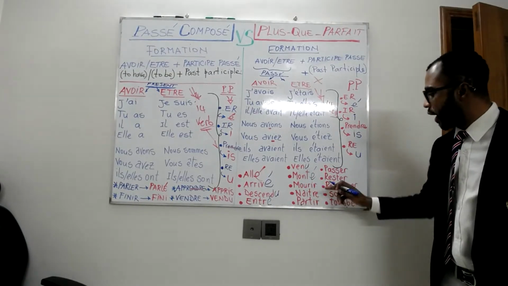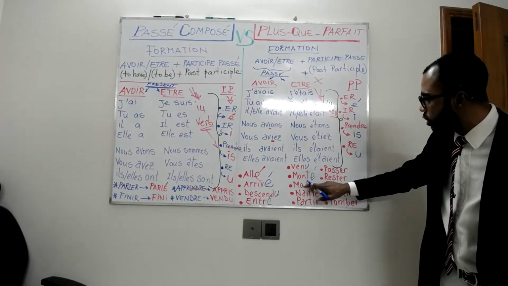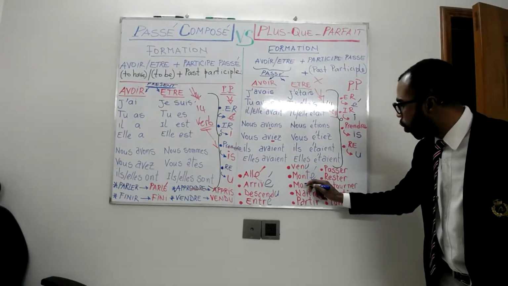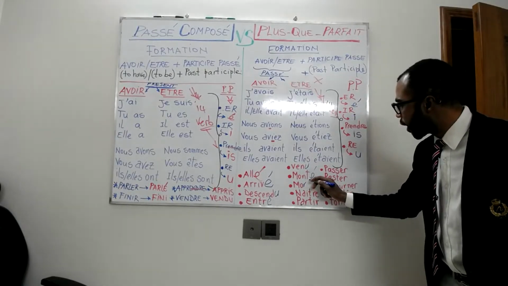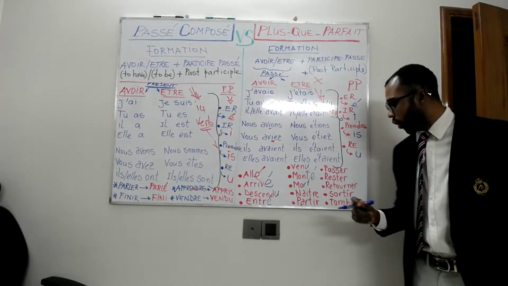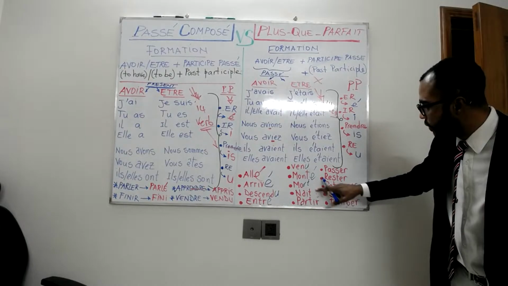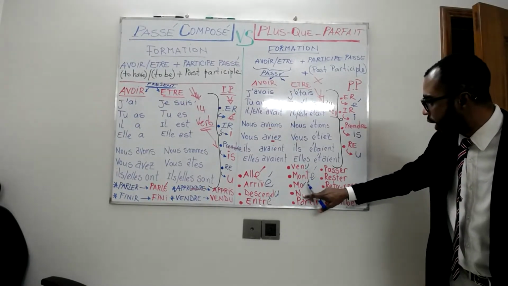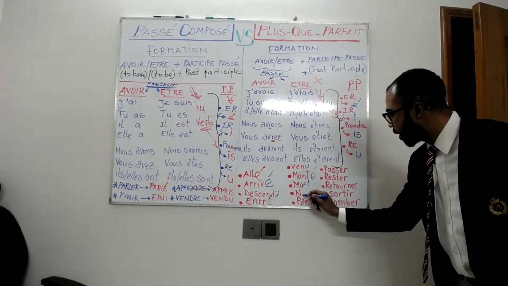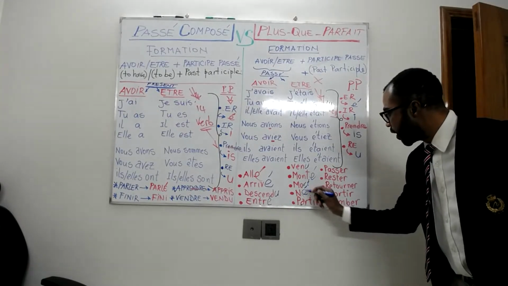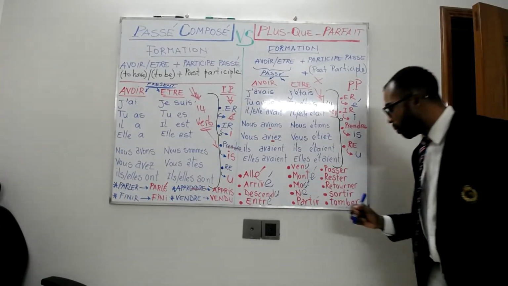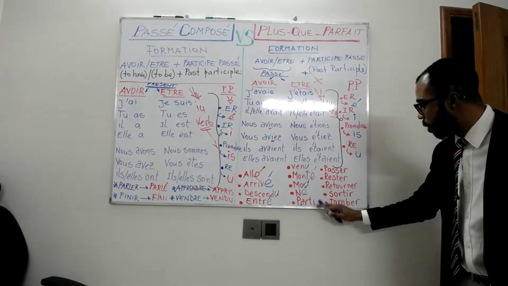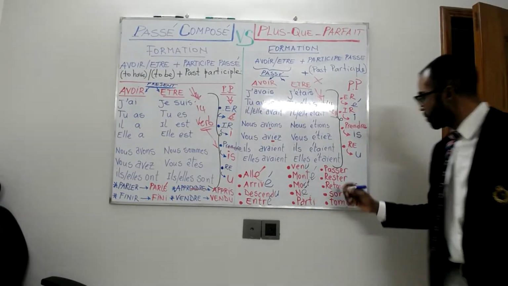Same. Mourir, okay, mourir completely changes to mort only: M-O-R-T, mort. Naître will change completely as well. All right, so naître becomes né, N-E with an accent on top. Partir becomes parti.